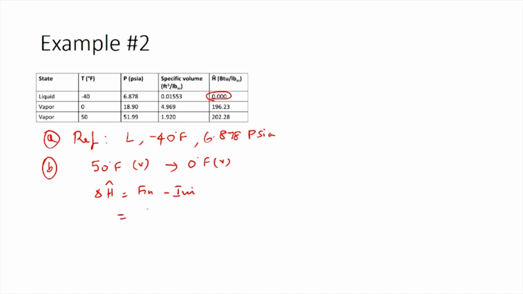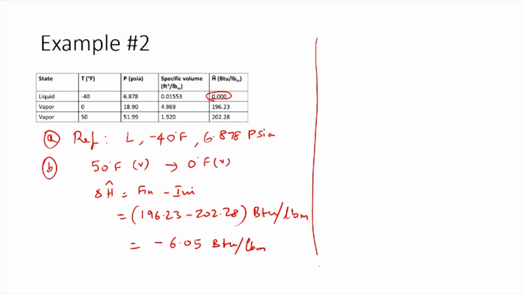So, this would be 196.23 minus 202.28 BTU per pound mass. So, this gives you a value of minus 6.05 BTU per pound mass. So, this is the change in specific enthalpy for the process where the vapor is cooled from 50 degree Fahrenheit to 0 degree Fahrenheit. We have also been asked to find the change in specific internal energy.